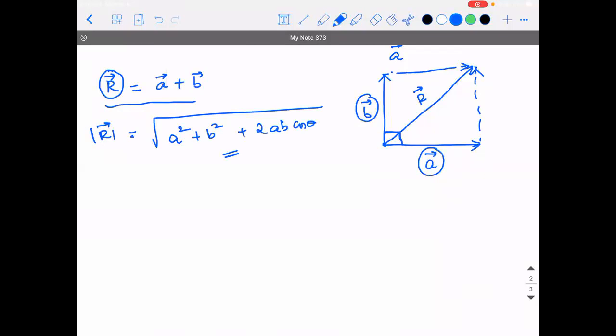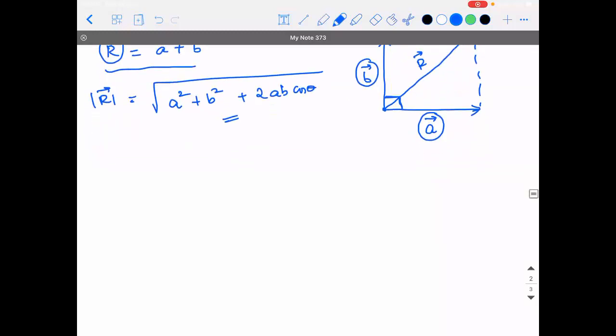And now the reverse question is, if I give you only R vector, listen to this carefully. If I give you only R vector, is it possible for you to write A vector and B vector in terms of R vector?